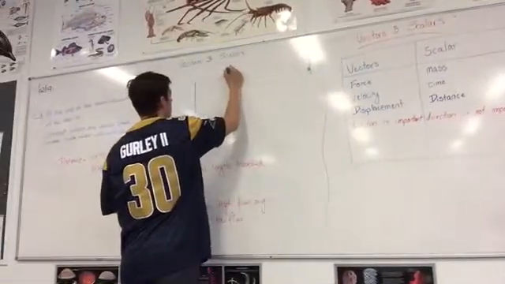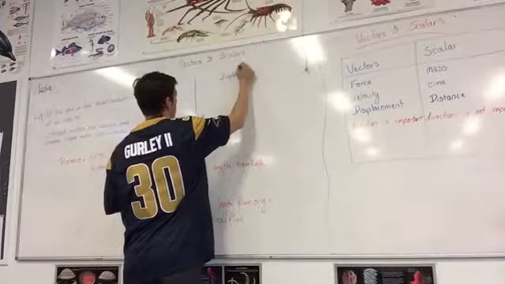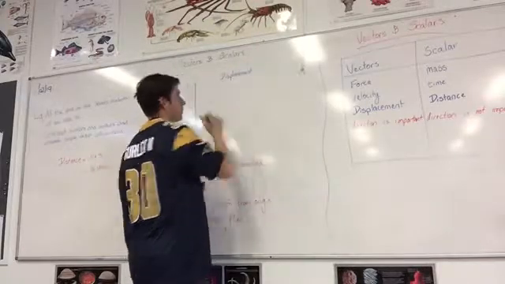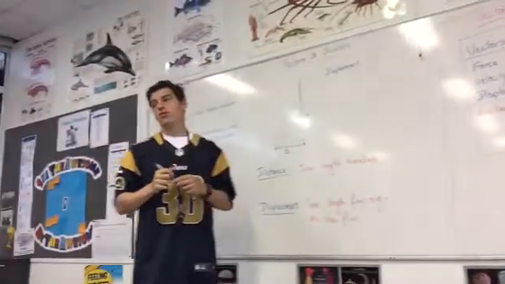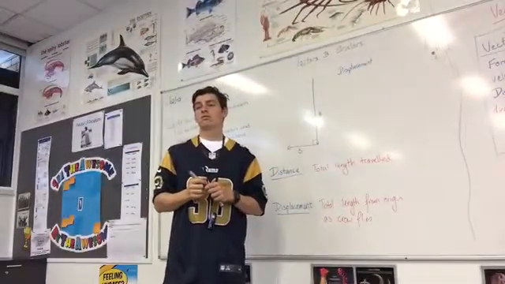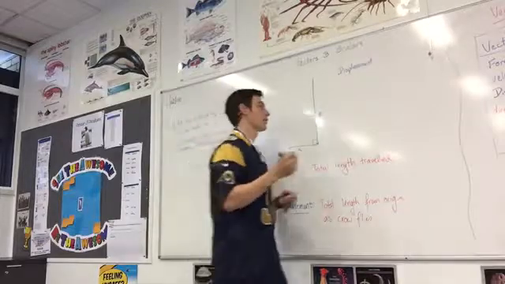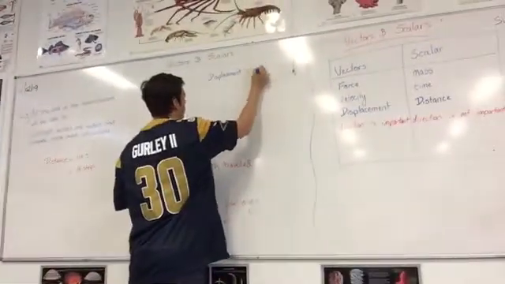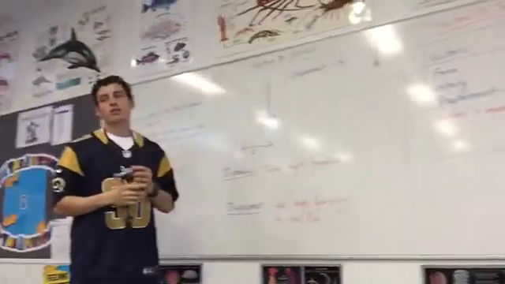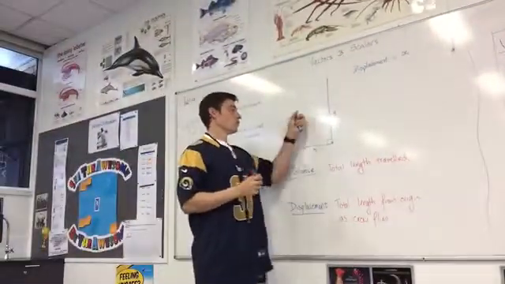So, displacement, I'm going to give that a sign. What sign should I give displacement? Does it matter? Just give it a letter. What letter? X. Of course we are. So, displacement equals X. What do I write there?